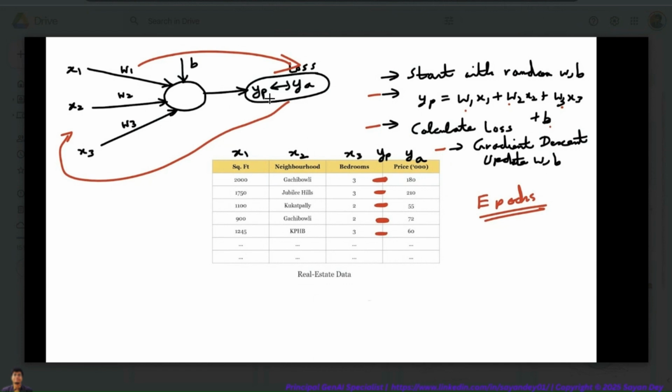Now, if you remember in linear regression, if you just go back to that conversation for a minute, we were trying to find the line of best fit, right? That Y equal to mx plus c, that is the best fit line we were trying to build.